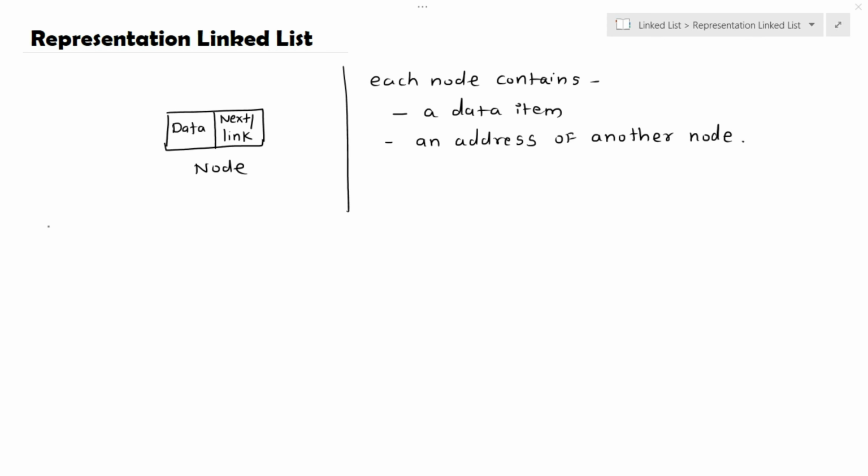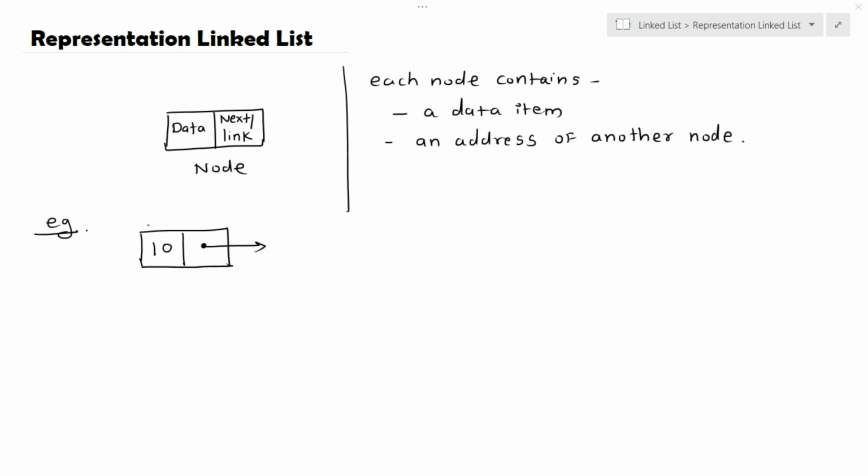Now let's see the example of the above linked list. For example, the linked list is represented like this, and here we have data, for example 10, which is of type integer, and here is next or link to the next node which points to the address of the next node.